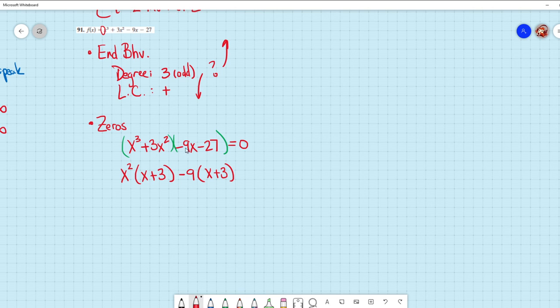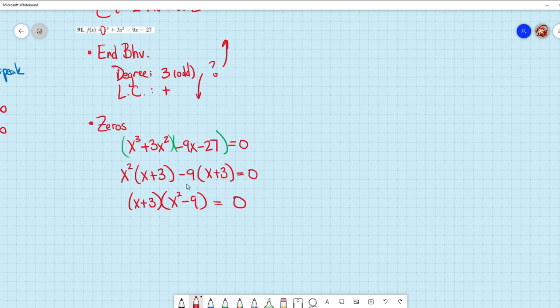So these two have something in common, which means we can proceed with factoring. Taking the x plus 3 away from each, because I'm factoring it out, that leaves you with x squared minus 9.